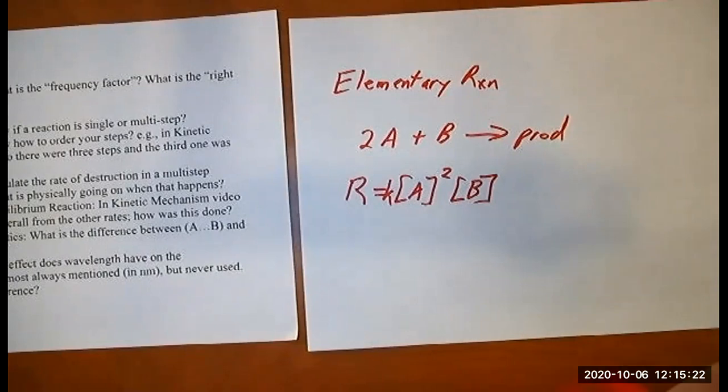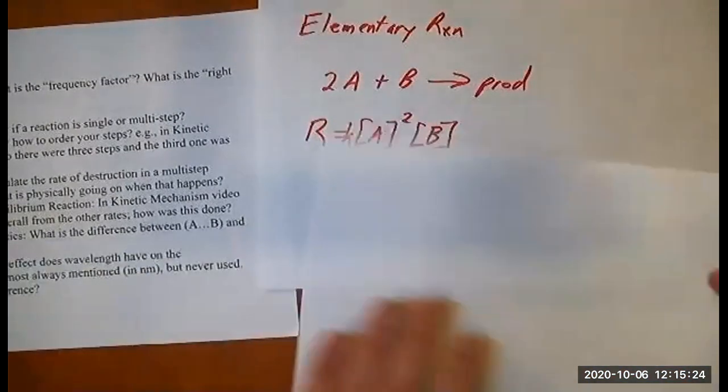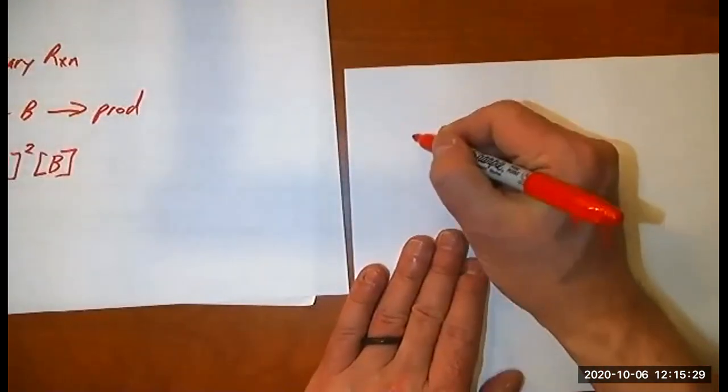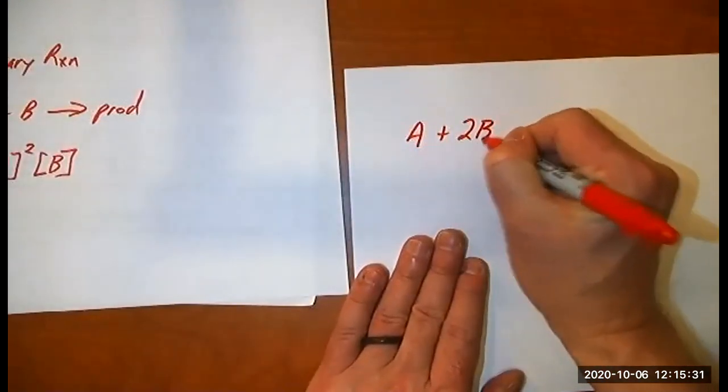So if you write down the reaction, we'll do a different one. We'll say it's A plus 2B goes to products.